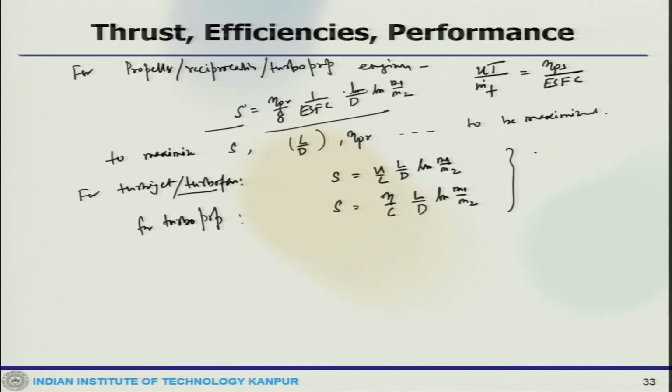Here C is the specific fuel consumption.